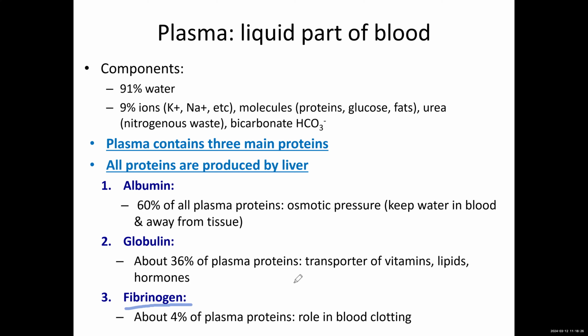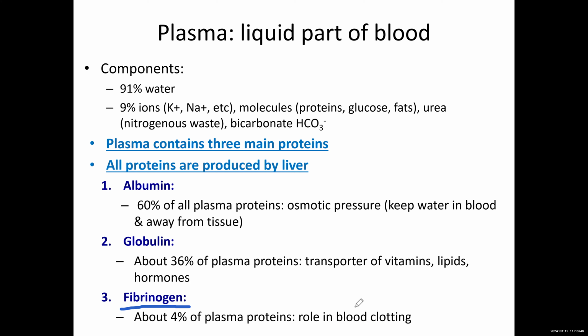Those are proteins important in blood clotting. So when you have a cut or some other injury that causes bleeding, you want the bleeding to stop, right? The first process in hemostasis, or stopping bleeding, is blood clotting, right?